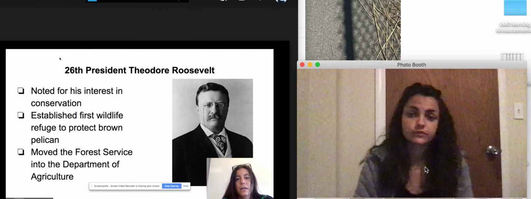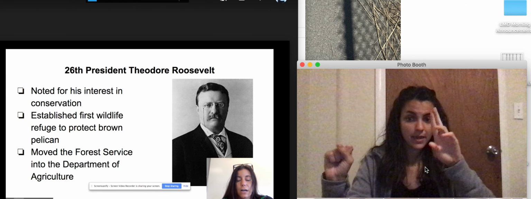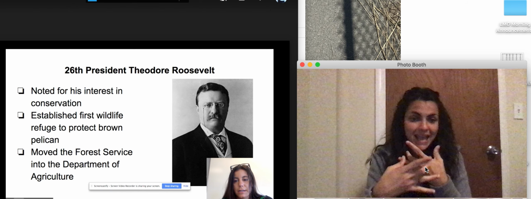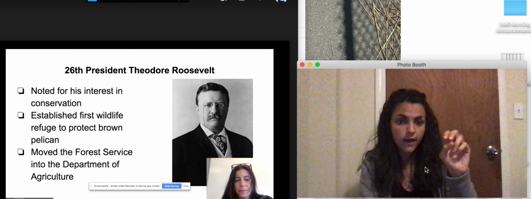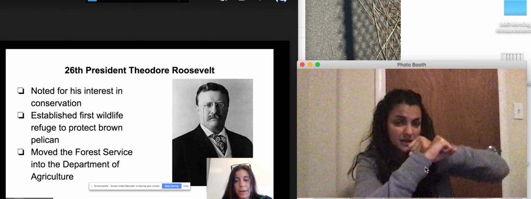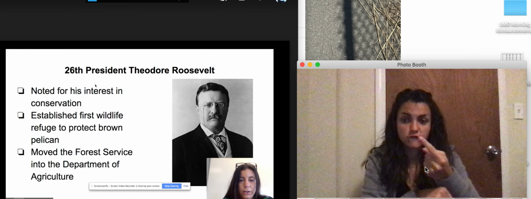26th President Theodore Roosevelt is noted for his interest in conservation, so conserving nature. For example, he established the first wildlife refuge to protect the brown pelican and moved the Forest Service into the Department of Agriculture.